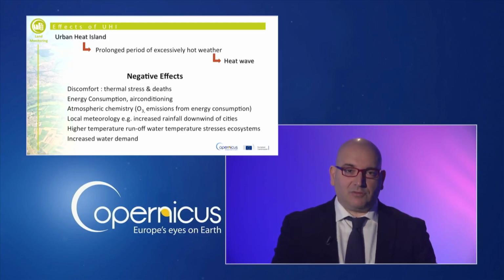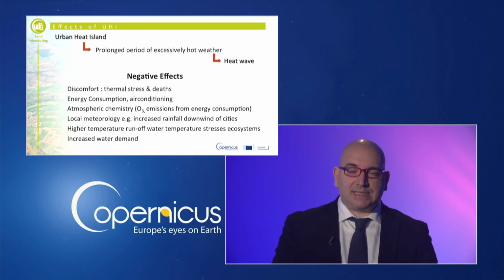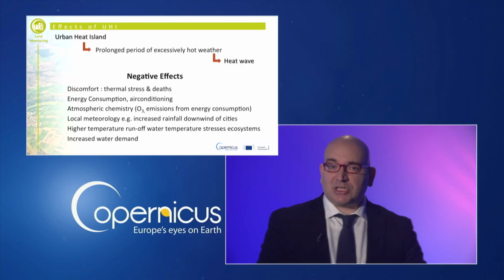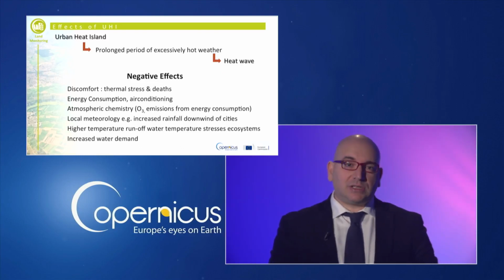Such effects include discomfort for the citizens due to thermal stress, which can lead to death among the weakest part of the population. It also causes an increase of energy consumption, especially for air conditioning, which in turn influences the atmospheric chemistry, increasing, for example, the ozone level.